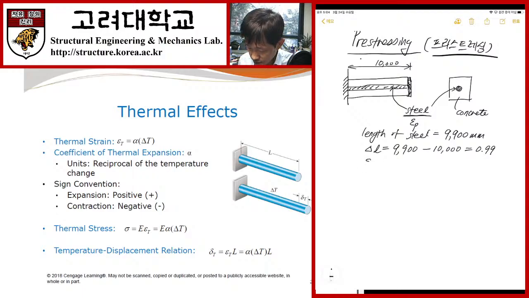Then let's calculate the strain. The strain is minus the difference divided by the reference length of 10,000, which is equal to 0.00099. So I have a very small strain, and this is called pre-strain.